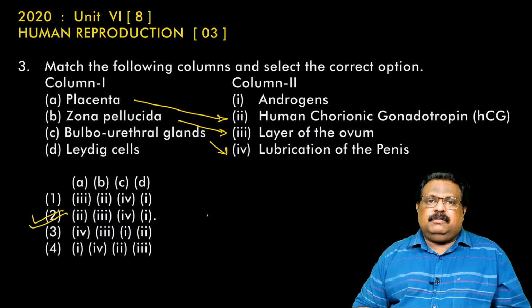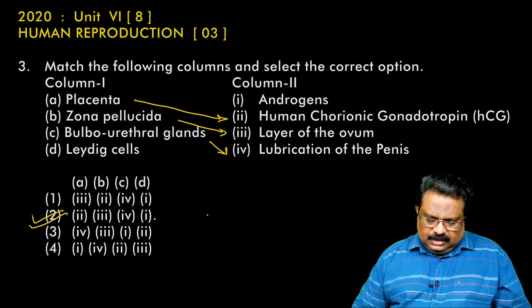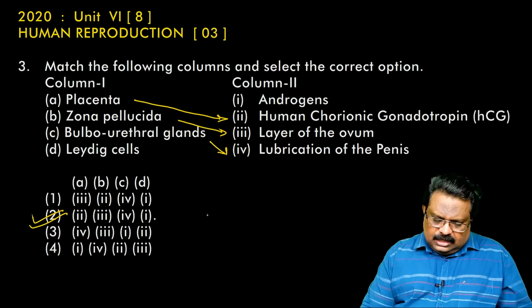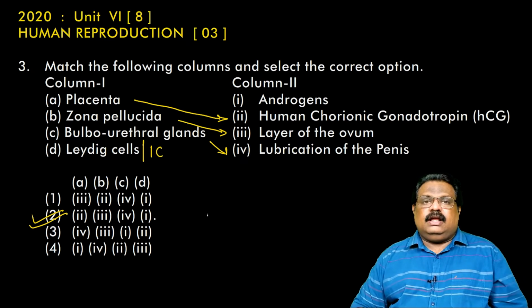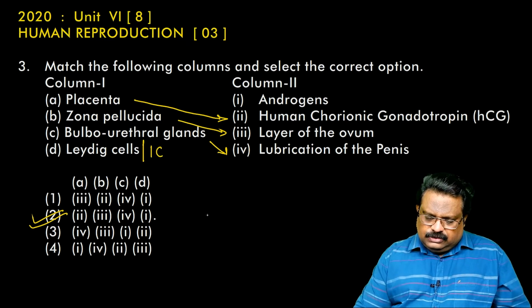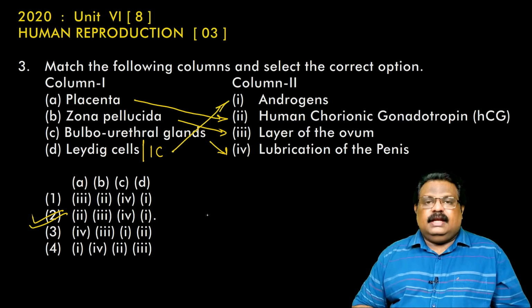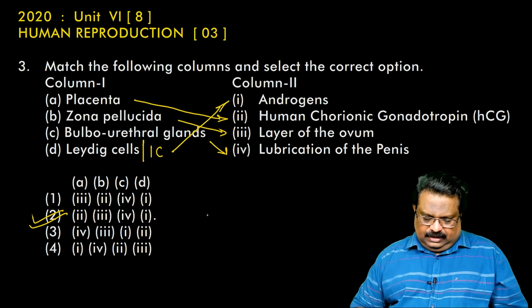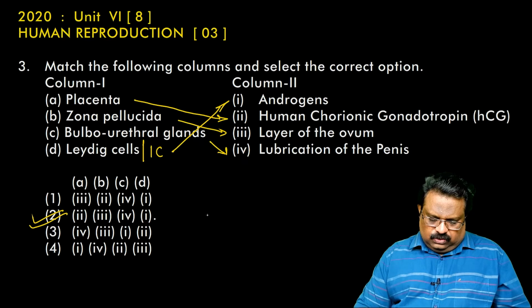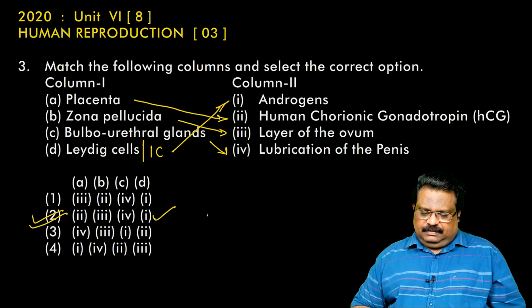It is an accessory reproductive gland in males. The Leydig cells are interstitial cells, isn't it? Leydig cells are otherwise called interstitial cells, and they produce the masculine hormone, namely androgen. So D1. So the second option is the correct one.